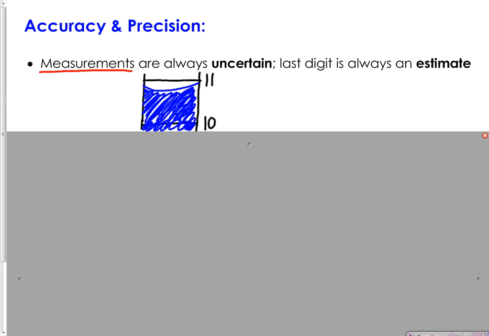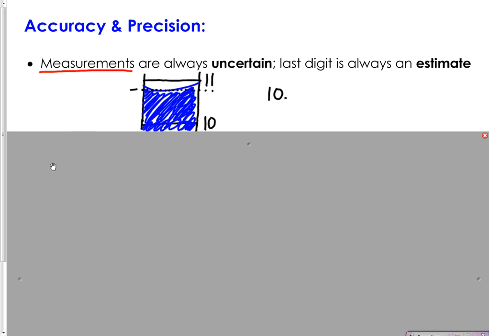Now, it's your job as a scientist and a chemistry student now to record that measurement. If you look, at eye level, we always want to read the bottom of the meniscus. You know that it's definitely between 10 and 11. It's not 11 yet. And we would have to estimate that last digit. We're not sure what that is.